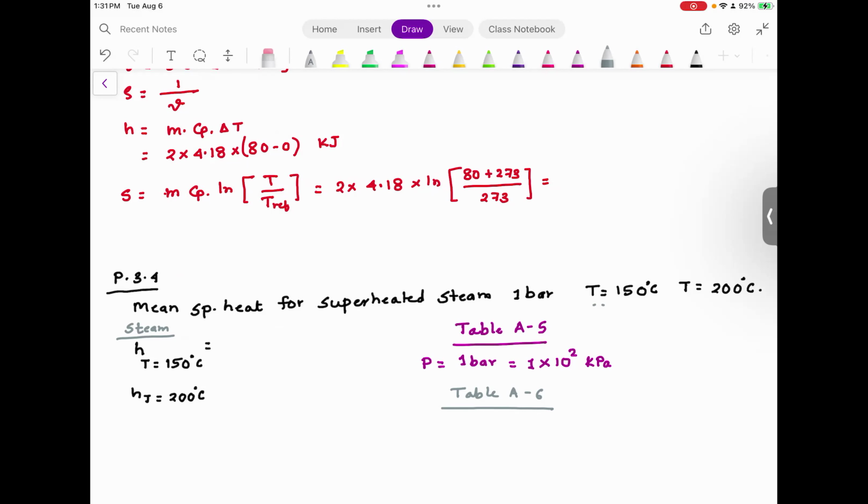Now I want you to go through this table and find out the location when the pressure is 1 bar and the temperature is 150.